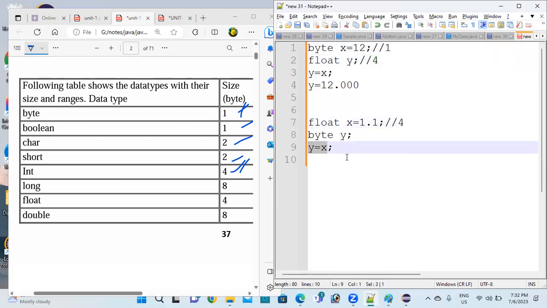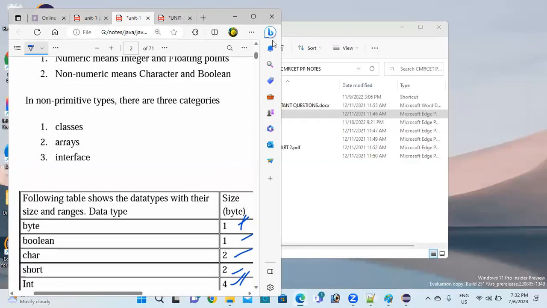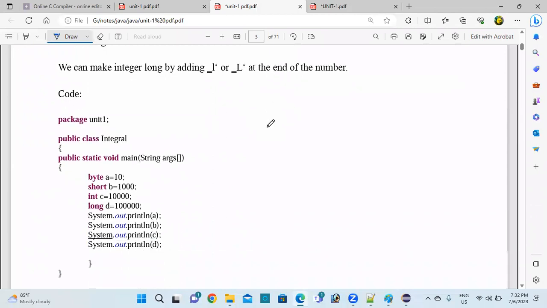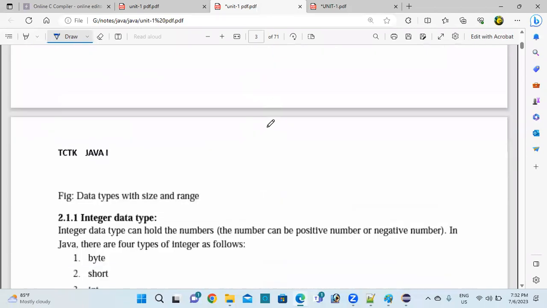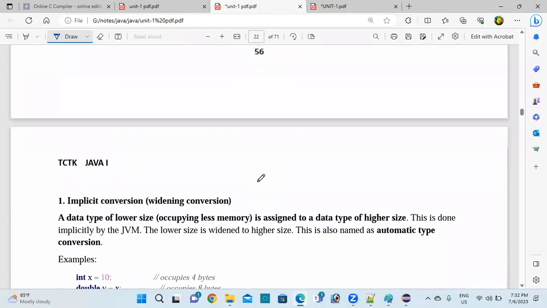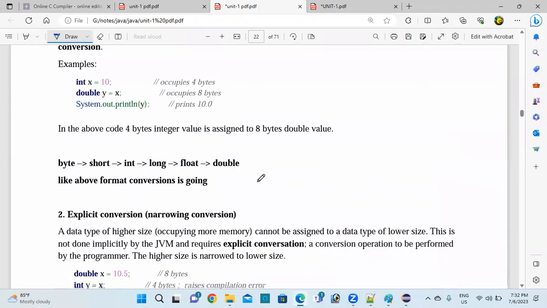Implicit conversion, page number 22. See, implicit conversion is like this. You have to maintain the sizes. Byte you can store in short, you can store in int, long, float, based on 1, 2, 4.